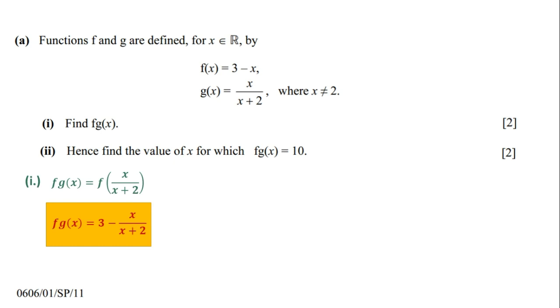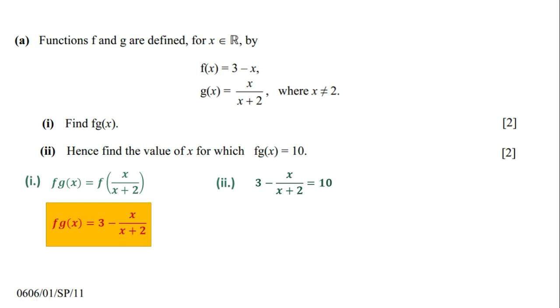Question number 2. Hence, find the value of x for which f of g of x is equal to 10. We know already that f of g of x is 3 minus x over x plus 2. Therefore, for question number 2, it will become 3 minus x over x plus 2 is equal to 10. This comes from our answer in question number 1.